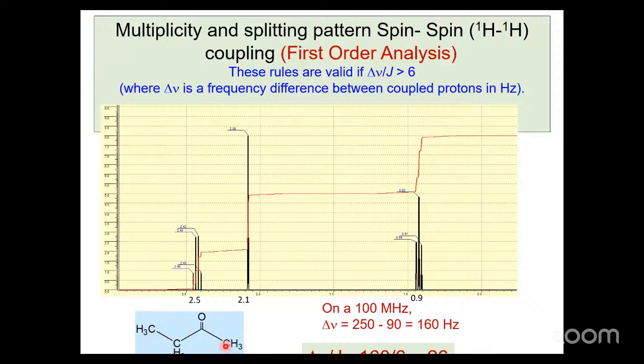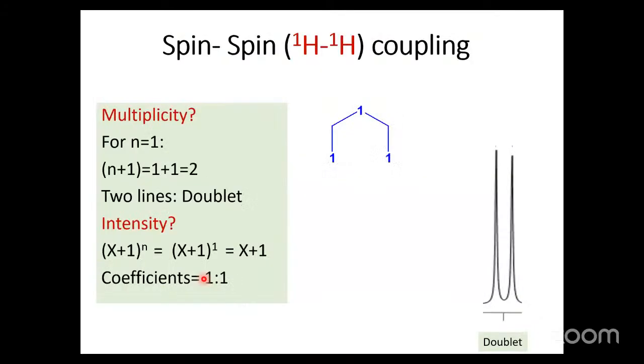There are three types of hydrogens, so you will get three peaks over here. The methyl will show a singlet. The other methyl will couple with the methylene, so we will get a triplet, while the methylene protons will give a quartet, isn't it? And their intensity you can calculate by using the x + 1 rule.